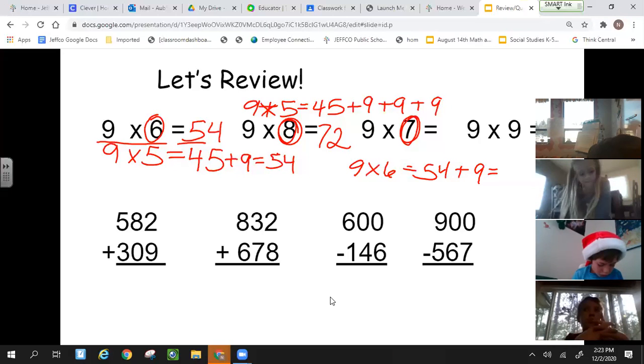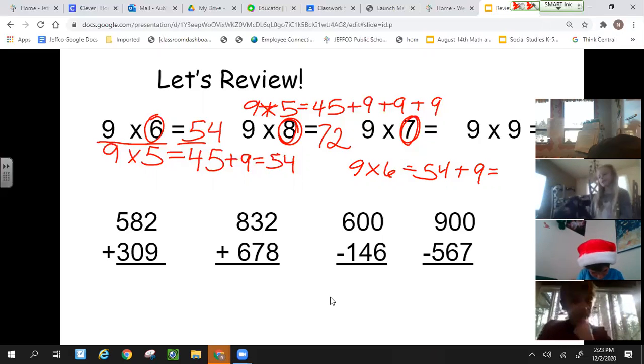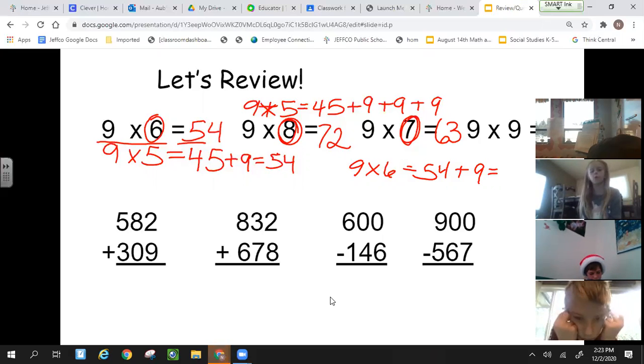On 9 times 7, you can just use your fingers and put down your 7th finger, and so it's 63. Because if it has any 9 in it, you can always use your fingers.